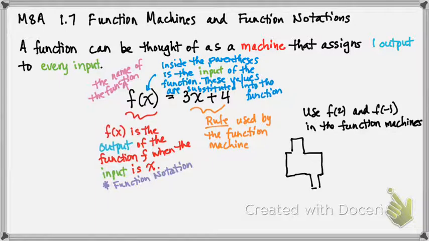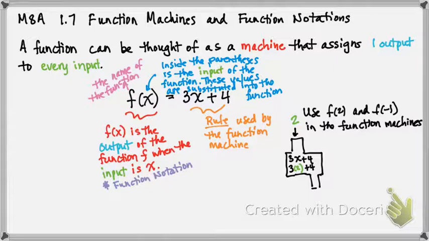So we're going to put into the function machine the input value. And the input value is what's inside the parentheses. So we're going to plug in a 2. Okay. Now the rule says we're going to have 3x plus 4. So we're going to substitute in 2 for the x, and then we're going to solve.